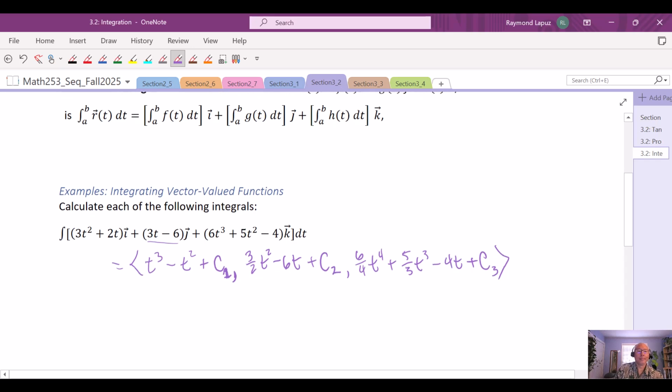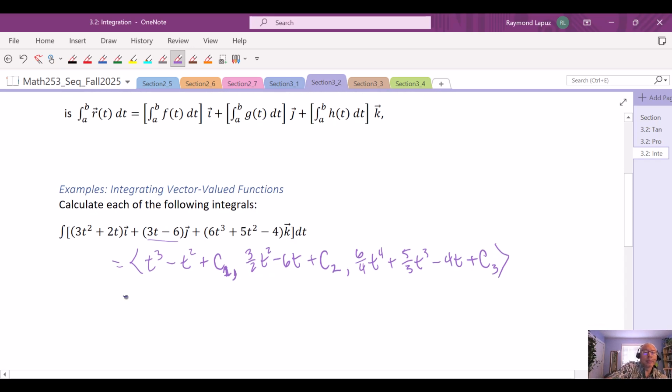Okay, now we could do this with the 3 different c's, or we can have our t cubed minus t squared, comma, 3/2 t squared minus 6t, comma, let's call this 3/2 t to the fourth plus 5/3 t cubed minus 4t.